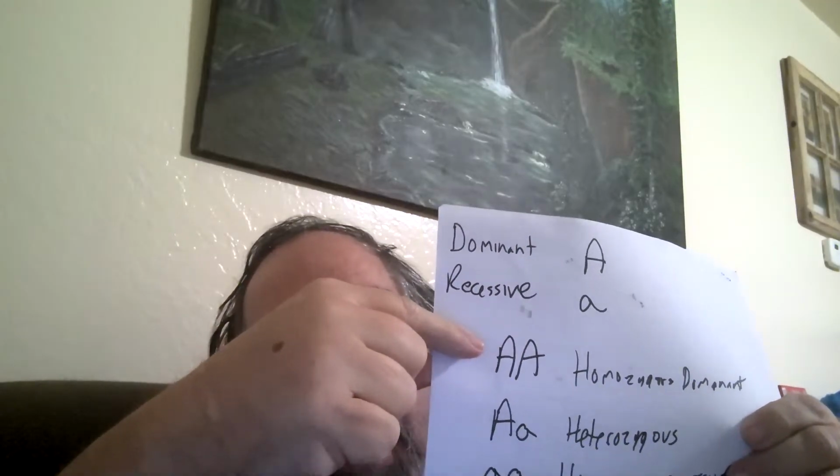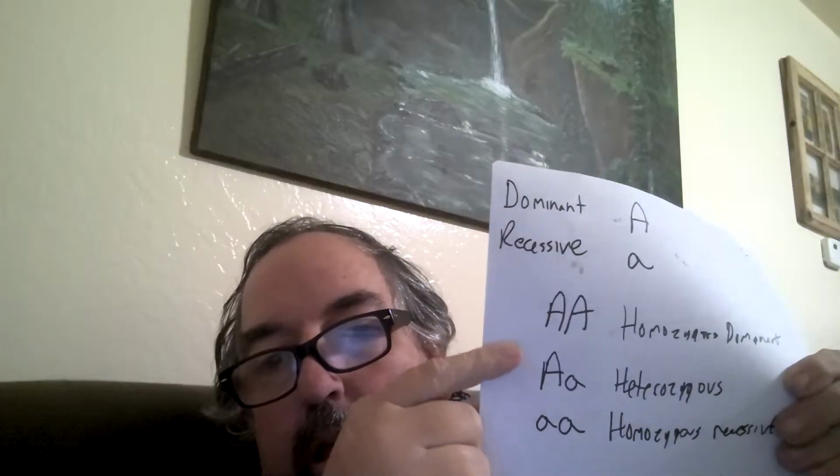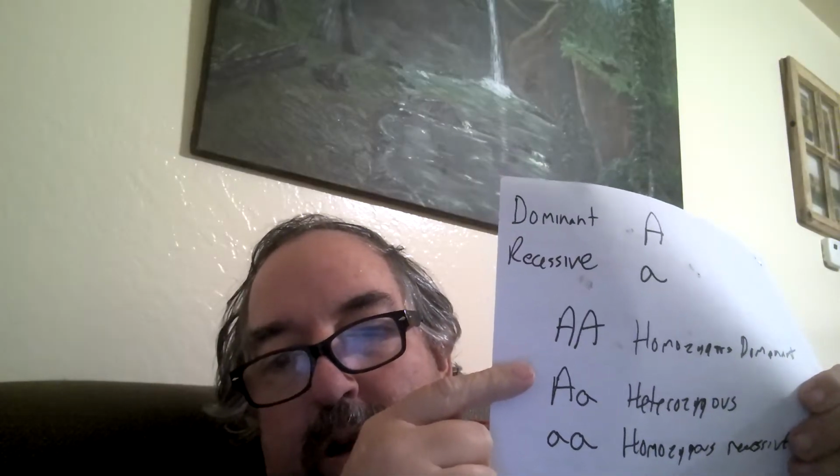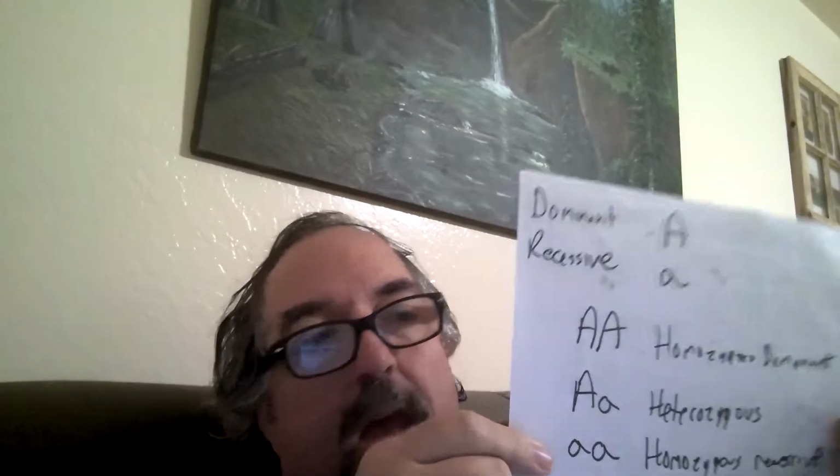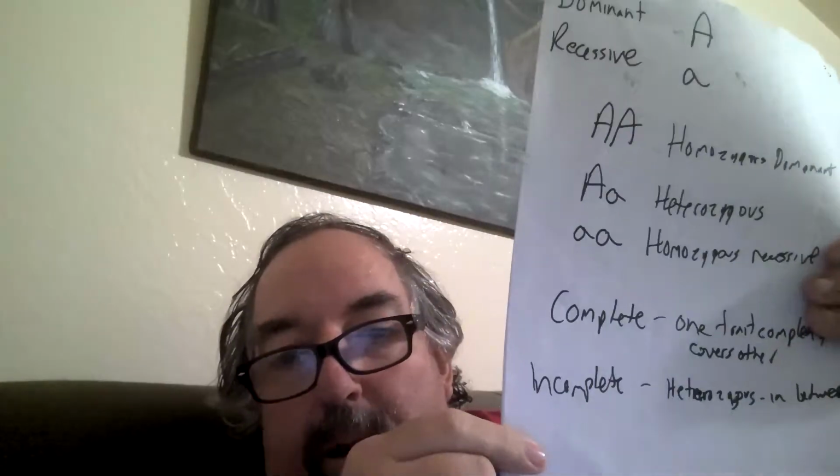If you're little a little a, you're red. If you're big A little a, you're heterozygous. That means you have the dominant trait, so you are black. So the Angus cattle can be homozygous dominant, which is black, heterozygous, which is also black, or homozygous recessive, which is red.